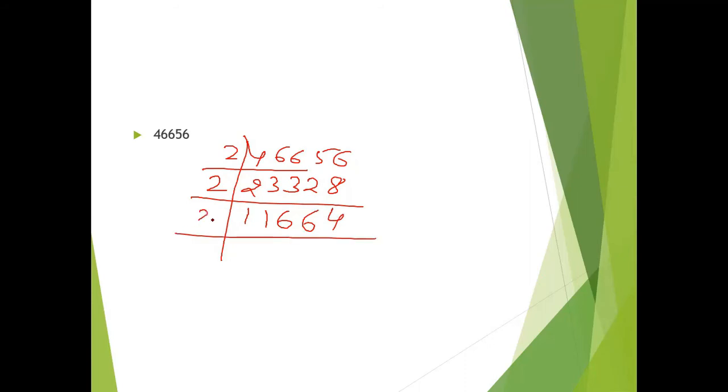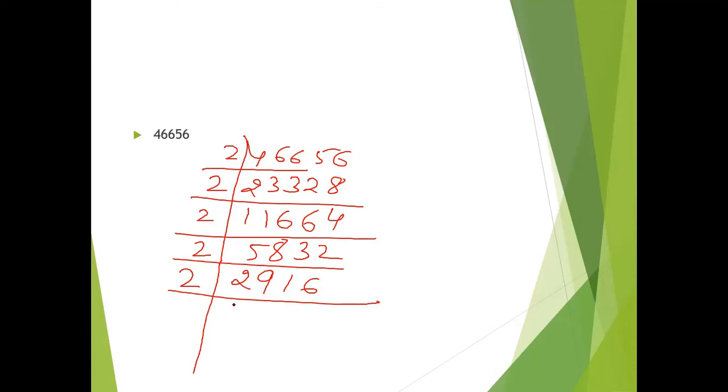46656. Okay. 46656, doing its prime factorization, 2, 3, 3, 2, 8, again 2, 1, 1, 6, 6, 4, again 2, 5, 8, 3, 2, again 2, 2, 9, 1, 6, again 2, 1, 4, 5, 8, again 2, 7, 2, 9.